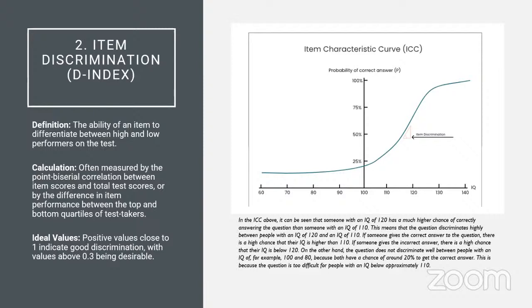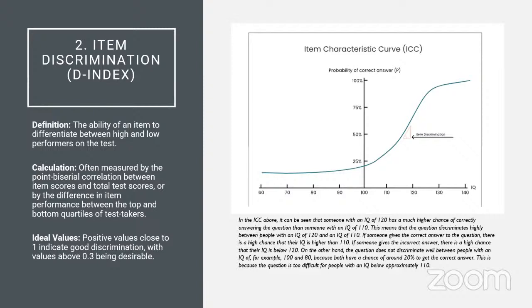So the x-axis will be dichotomous and the y-axis will be non-dichotomous. In this manner, you can assess the item discrimination.